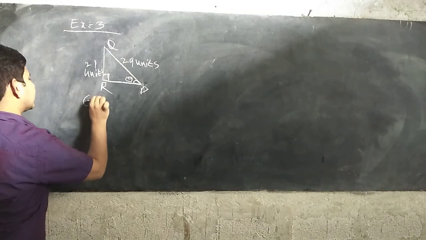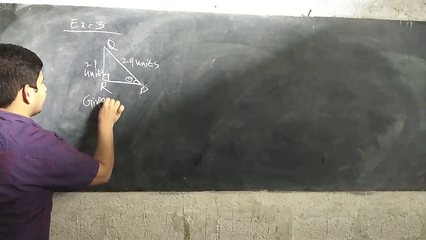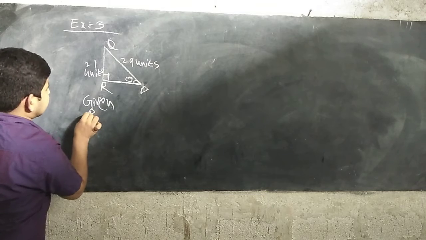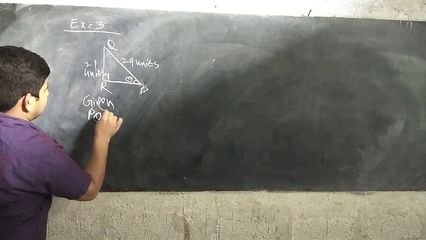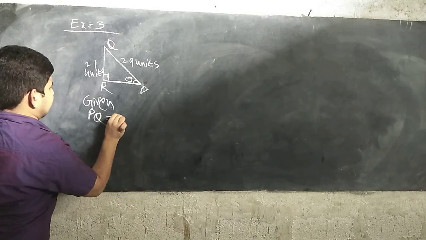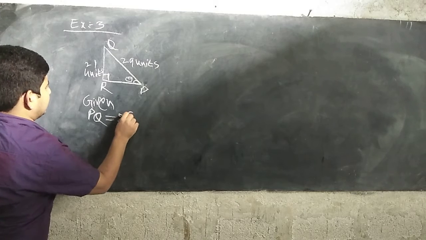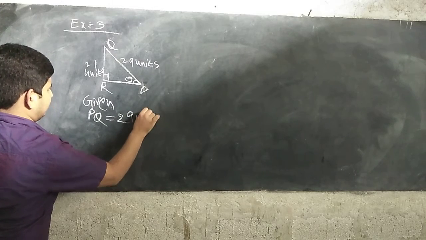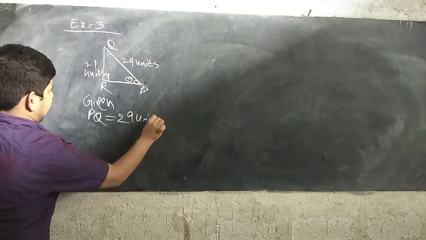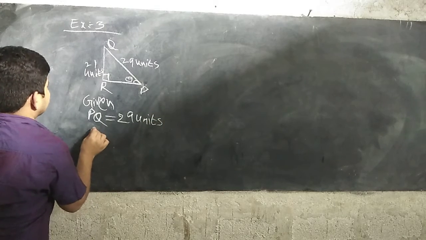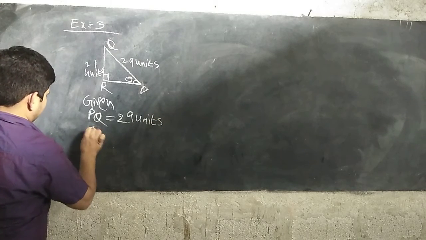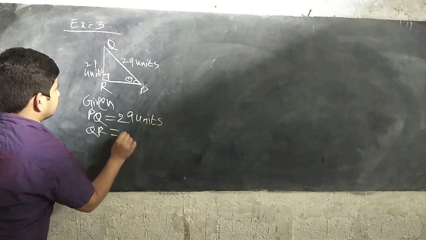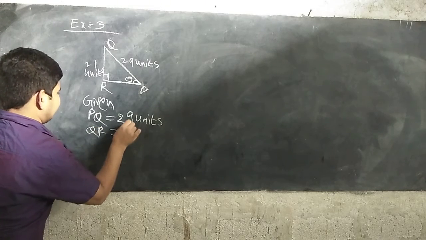Given PQ equal to 29 units and QR equal to 21 units.